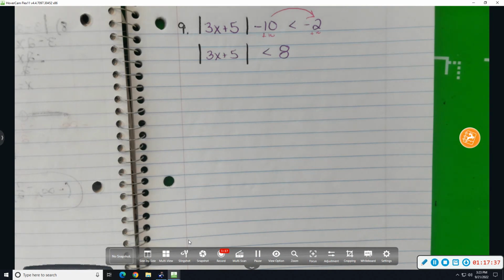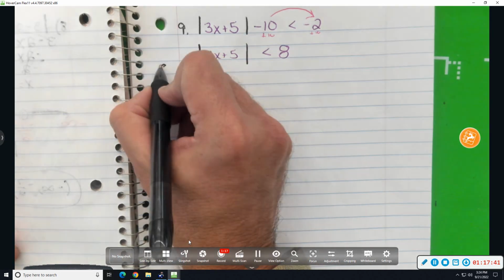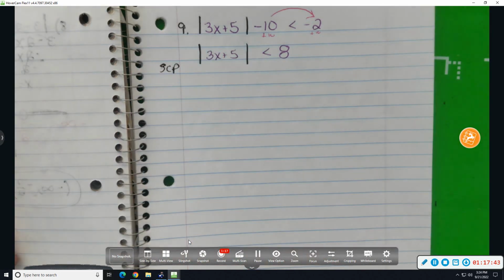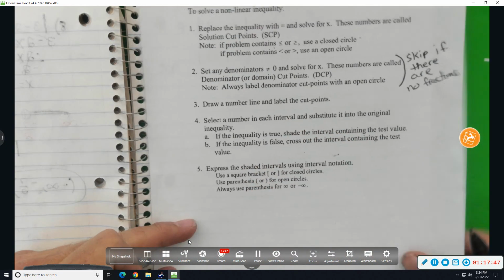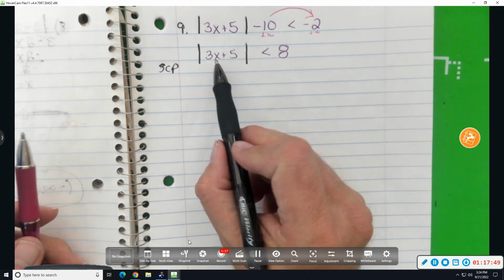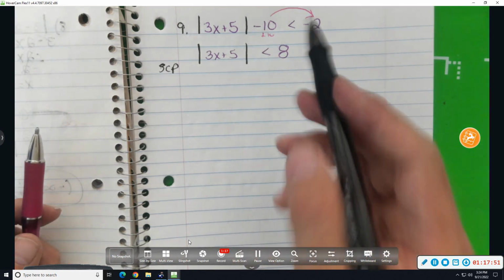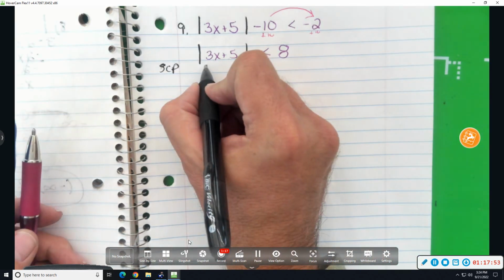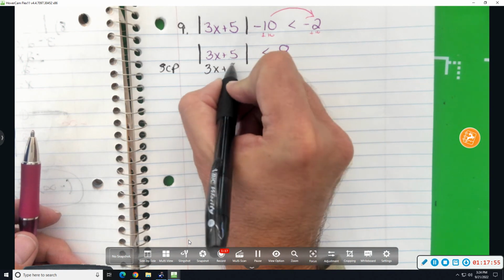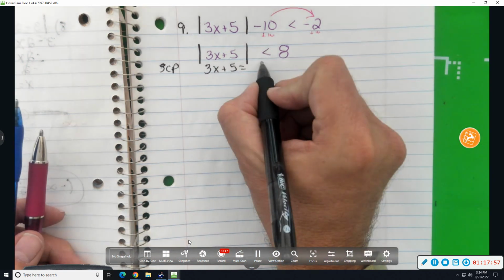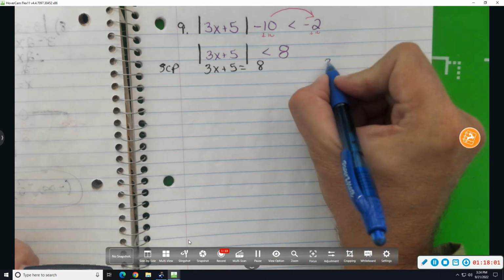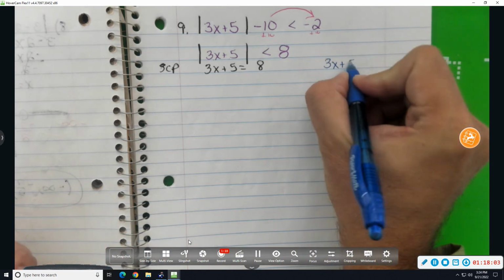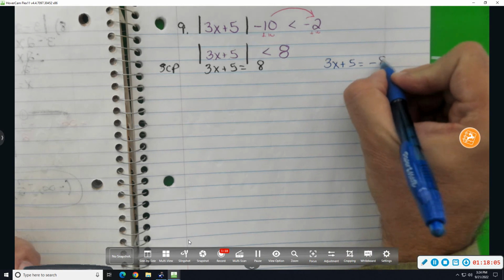What am I going to do now to find the solution cut points? Notice there's not going to be any denominator cut points. There's no fraction. So how do we solve an absolute value equation? What did we do the last time? We go 3x plus 5 equals 8. And then we also go 3x plus 5 equals, this is where you're going.